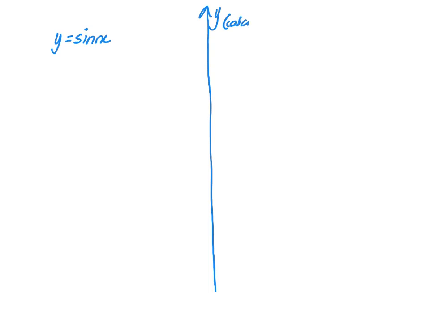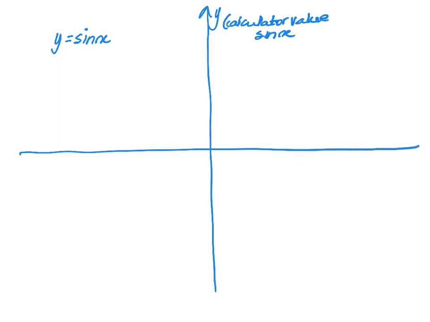The first trig function that you're going to graph is y is equal to sine x. When we draw graphs, we use the Cartesian plane. The vertical axis is the y-axis, and along the y-axis we are going to have our calculator value of sine x. Along the x-axis we have the angle x.